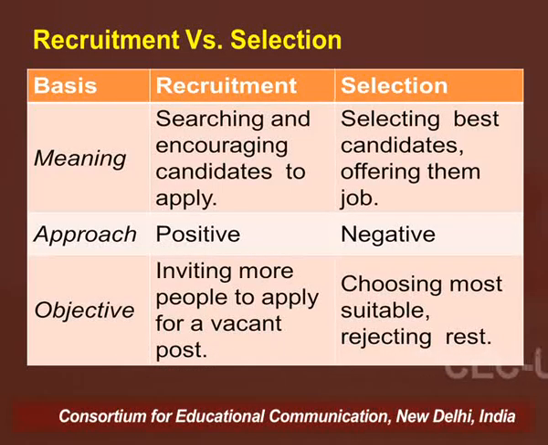That is why we say it is a positive approach, because we are calling people, we are inviting people, we want more and more people to come and apply. However, selection is a negative approach because here we are rejecting the majority of the people and choosing only the ones who are suitable for the particular job. That is why we say that recruitment is a positive process and selection is a bit negative.